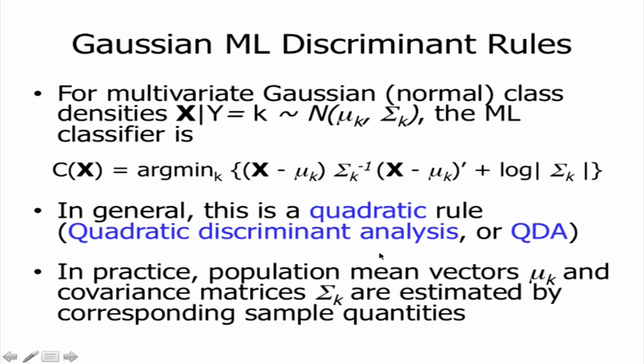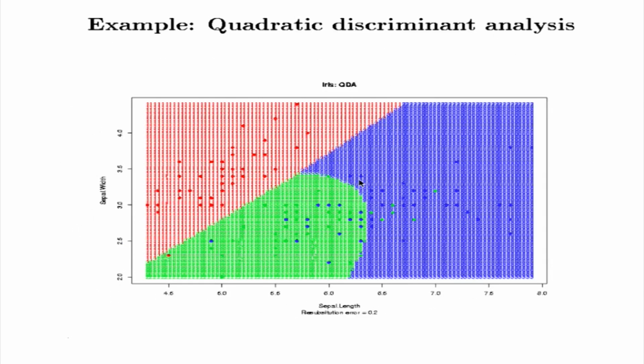Now, the only thing you have to do to implement it is estimate the means and the variances, and you can, of course, do that in a fairly straightforward fashion using standard statistical formulas. And as I mentioned, that's the result we would get if we apply quadratic discriminant analysis here in the iris example.